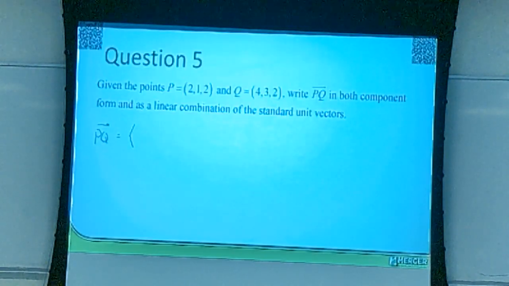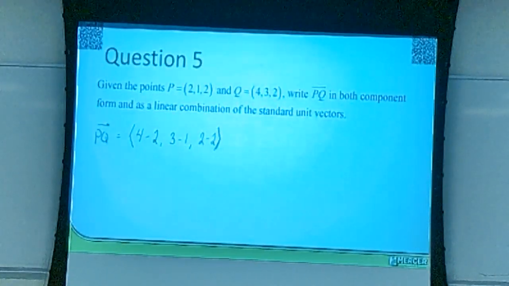Q is the terminal point, so it's terminal minus initial. Terminal minus initial. And that is important. It's always terminal minus initial because vectors now have a direction, so the order matters. 2, 2, 0.